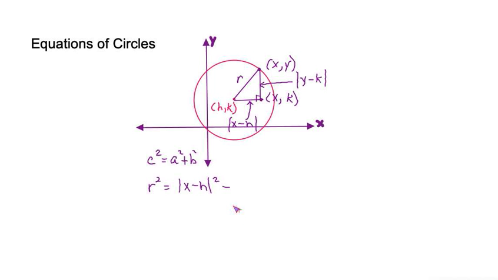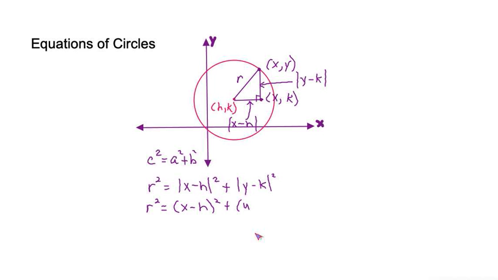So that's kind of redundant. The other value is y minus k, squared. As it turns out, we really don't need the absolute value bars, because once we square that, it's going to be positive anyway. So there's no need to make it positive before we square it.